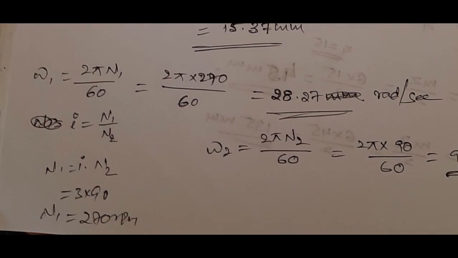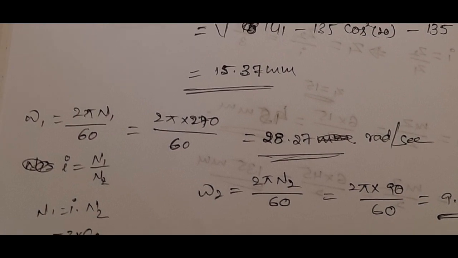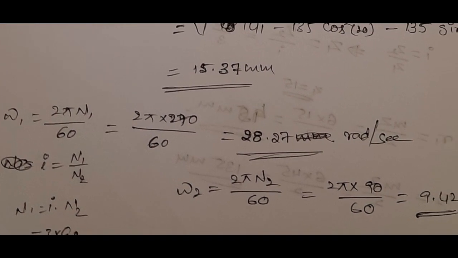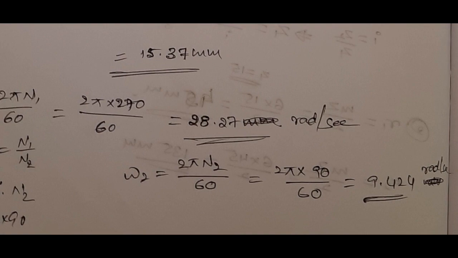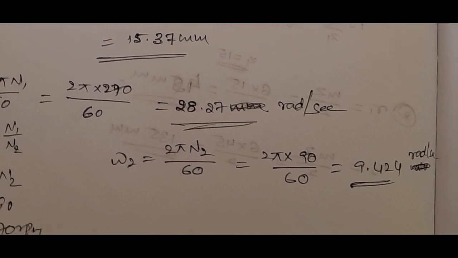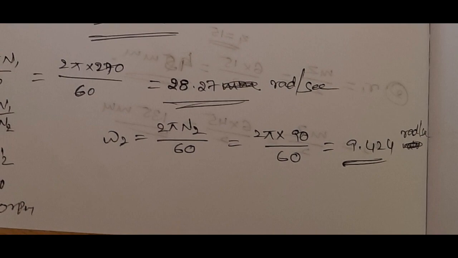If you substitute the value, n1 will become 270 rpm. So omega 1 is 2 pi n divided by 60, that is 2 into pi into 270 divided by 60. By calculation we get 28.27 radian per second. Similarly, angular velocity of the pinion is 2 pi n2 divided by 60, that is 2 into pi into 90 divided by 60, which is 9.424 radian per second.